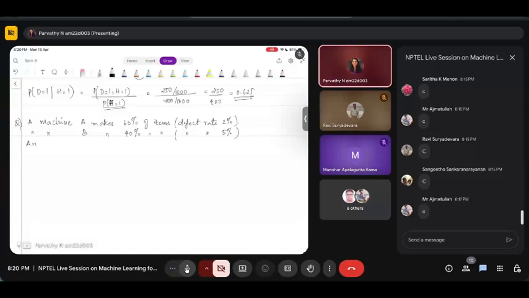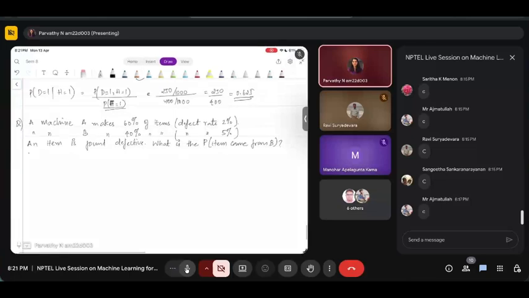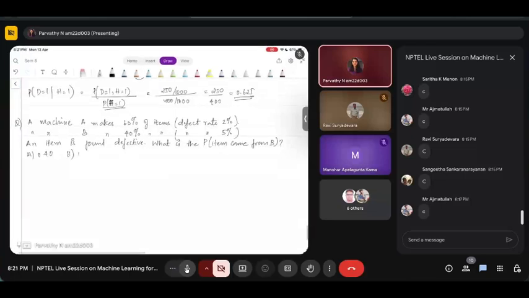An item is found defective. What is the probability that the item came from B? 0, 0.50, 0.70, 0.60.